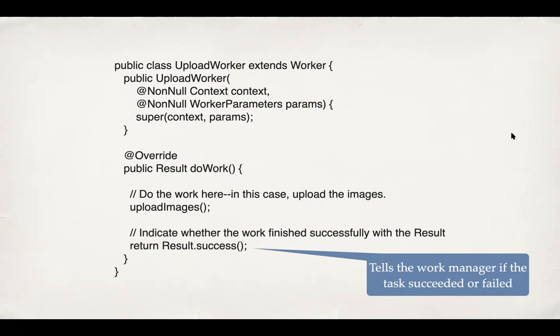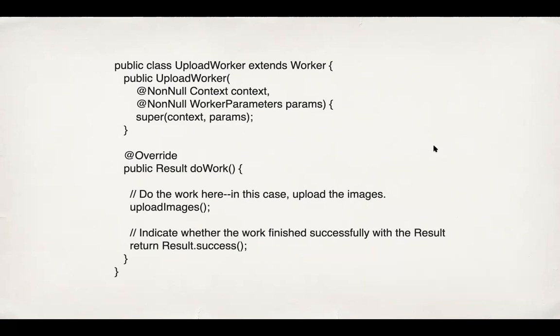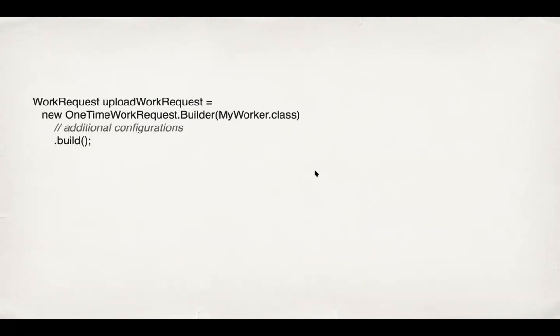Next step is how to schedule this worker. Where does it go from here, right? So for that, you can create a work request. That work request can be of two types.